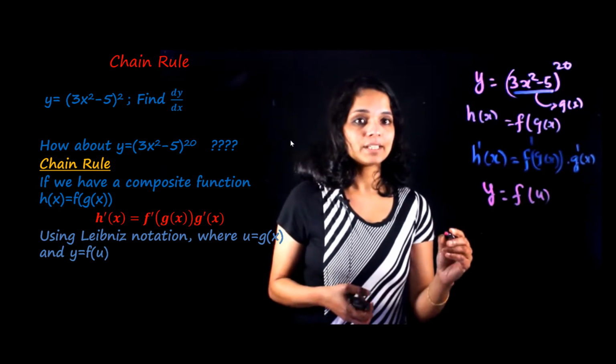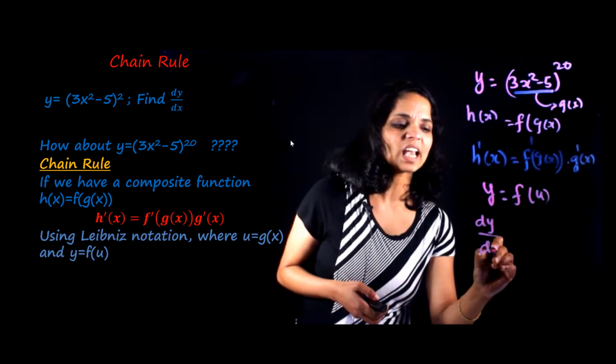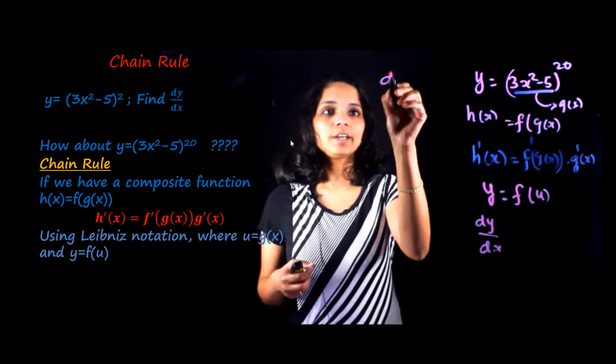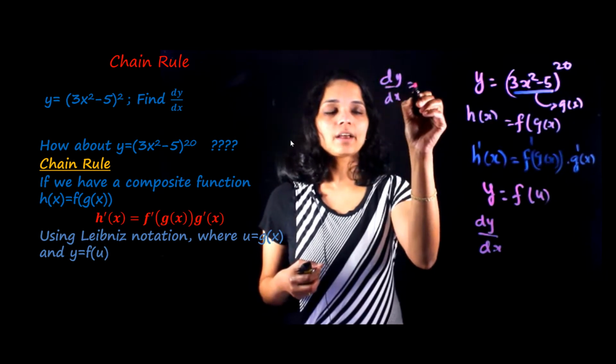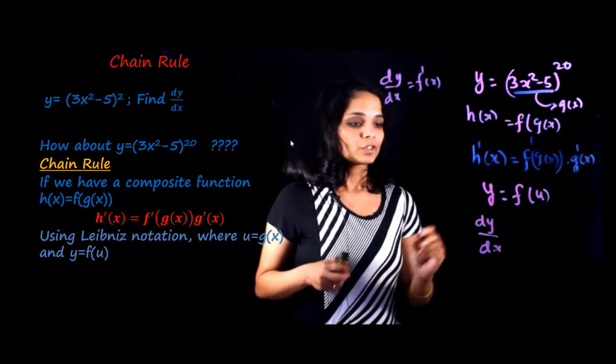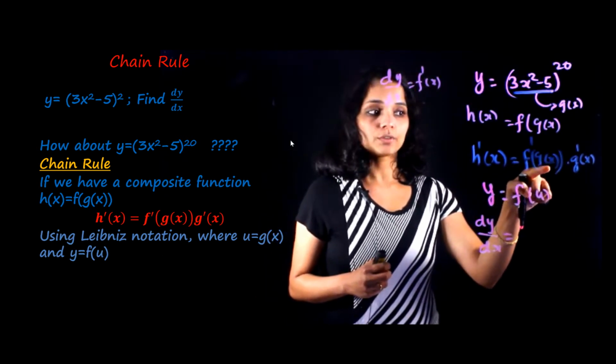Then using Leibniz notation, you can say this is dy on dx. This is the same as writing h dash x. If you remember, dy on dx equals f dash of x, so that's a similar notation. So dy on dx equals f dash of g of x.